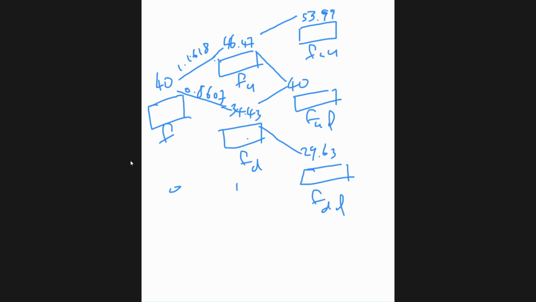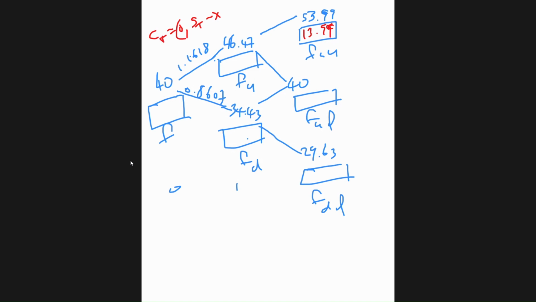For our call option, the value of our call is the maximum of 0 or ST minus X. In this case, ST is 53.99 and X is 40, so 53.99 minus 40 gives 13.99.